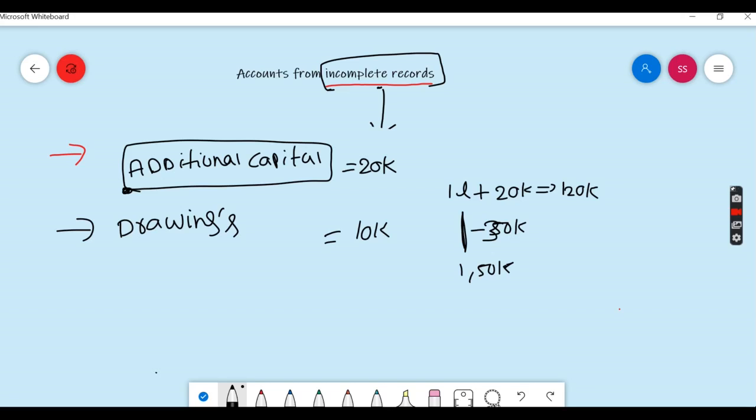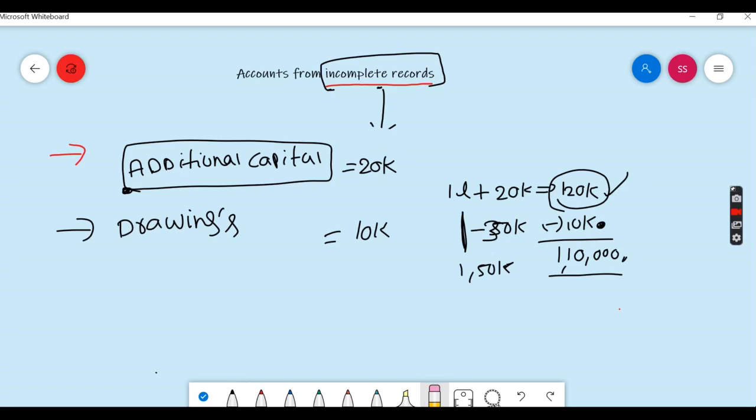As of now he contributed a total capital of 1,20,000, and if we subtract 10,000, he actually contributed only 1,10,000.